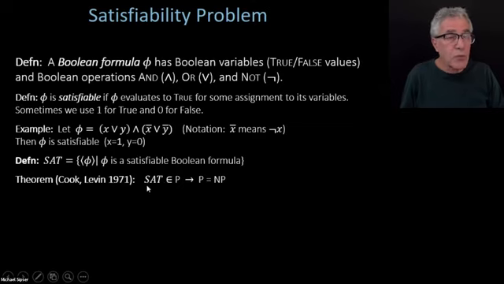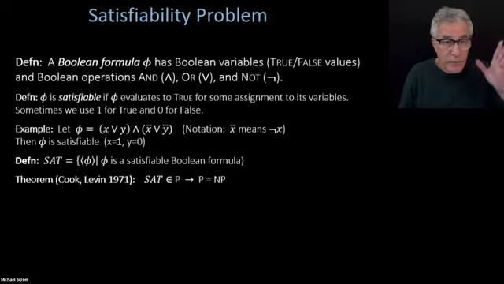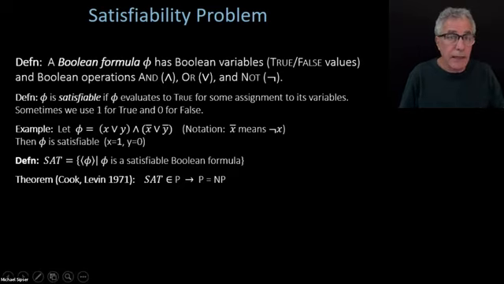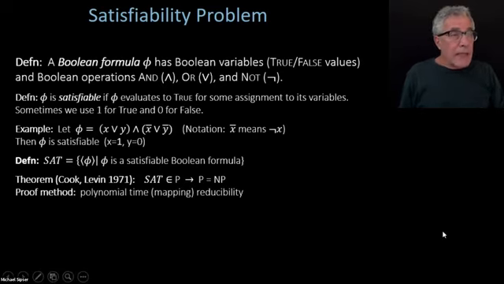So solving this one satisfiability problem in polynomial time allows you to solve all of the problems in NP in polynomial time. So if you could solve this problem SAT in P, then Hamiltonian path is also solvable in P. You step back and think about that, it's kind of amazing. And the method that we're going to introduce is called polynomial time reducibility.